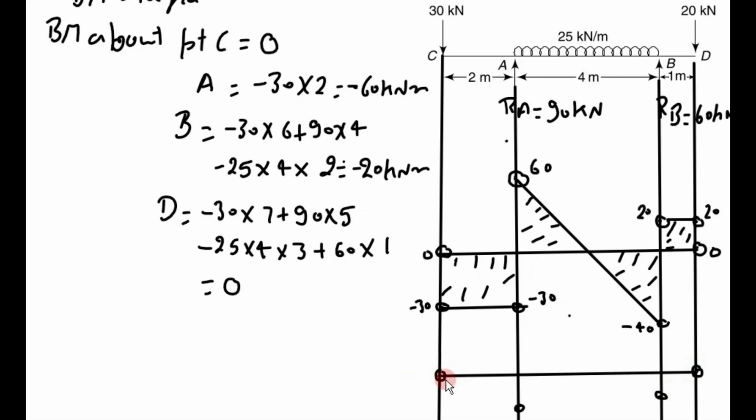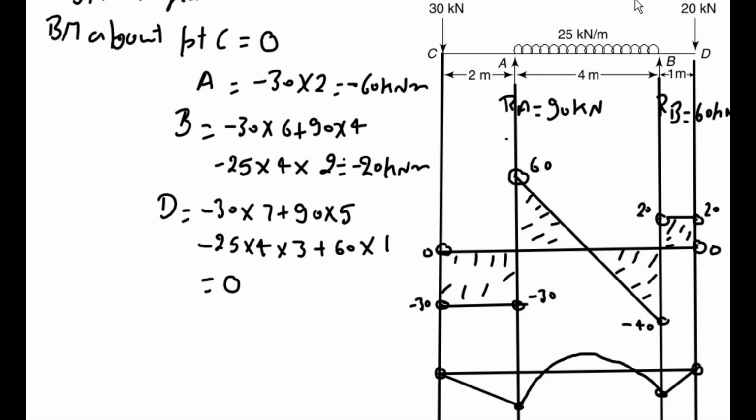Now join the points from C to A with a straight line, B to D with a straight line, and A to B with a curved line, because between A and B there is a UDL. And one more point you have to take care of: wherever the shear force diagram changes from positive to negative, here bending moment is maximum. Now this is our bending moment diagram.